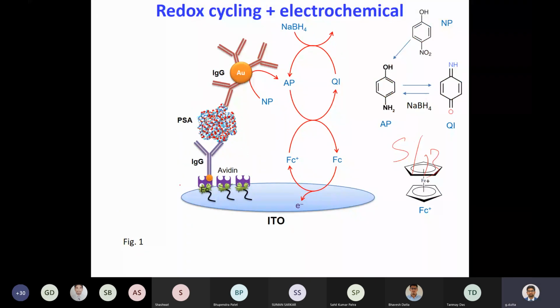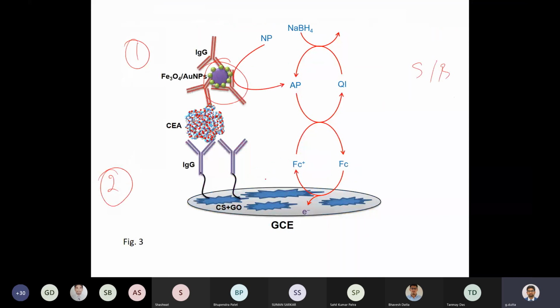See, avidin, biotin, right? So your antibody is conjugated with biotin, and your surface is modified with avidin. In this case, because there is also a protein layer, sometimes it can hinder the electron transfer on the surface. So how did Bhavesh do it?